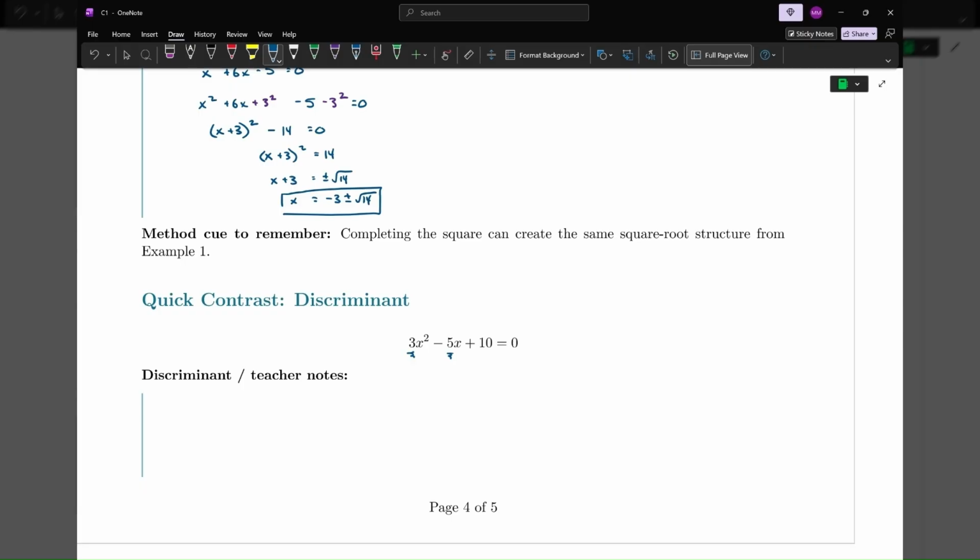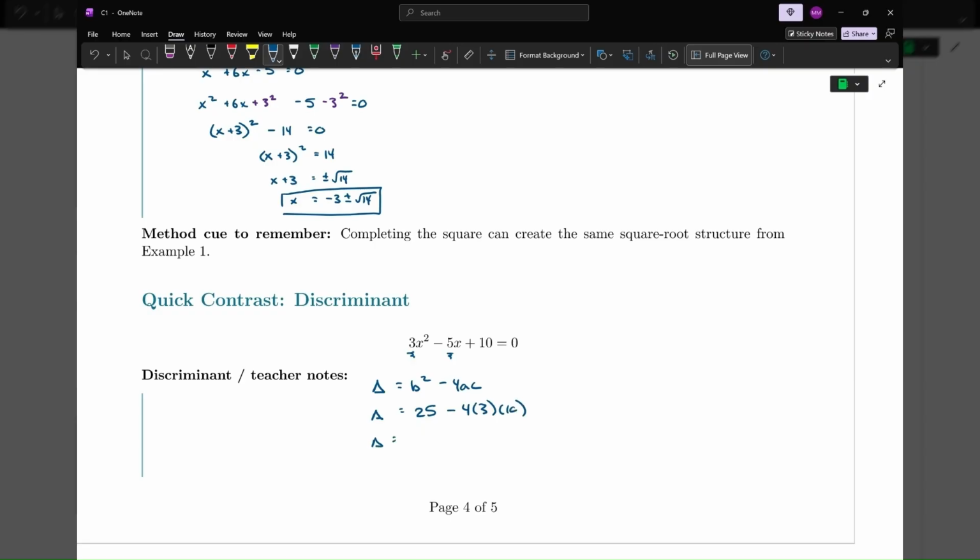So in this question, I'm going to check the discriminant. The discriminant is going to tell me a story. If I get a perfect square out, it tells me, hey, you probably could have factored. If I get a negative out, it means there's no roots. So I would like a negative out, but we'll just check it. So remember, the discriminant is equal to b squared minus 4ac. So here my discriminant is going to be -5 squared, which is 25, minus 4ac.